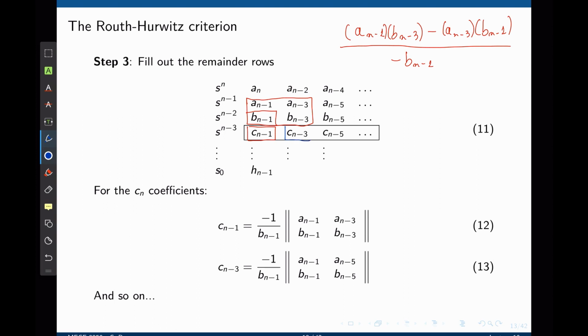Moving on to cn-3, we now take these two and these two elements. So the same operation, but it's now stretched by one column. And it would take the multiplication of these two minus the multiplication of those two, divided by bn-1. And the process can continue until the array is completely filled.